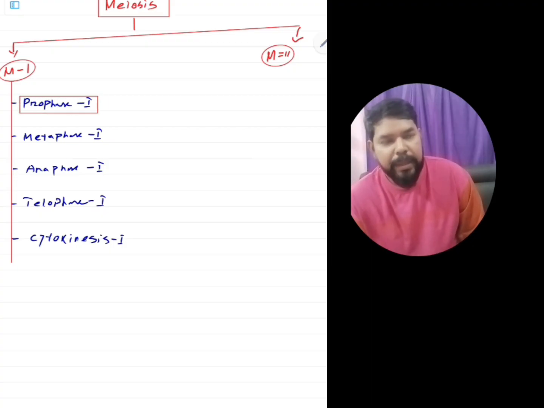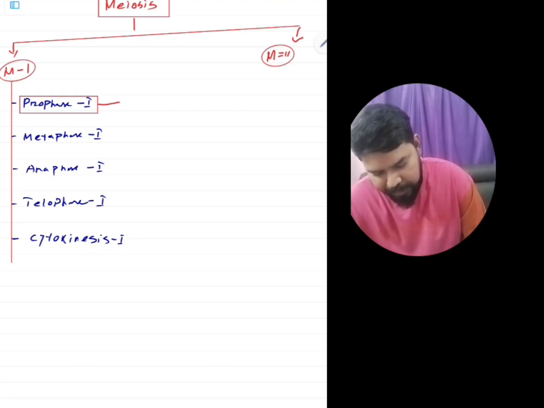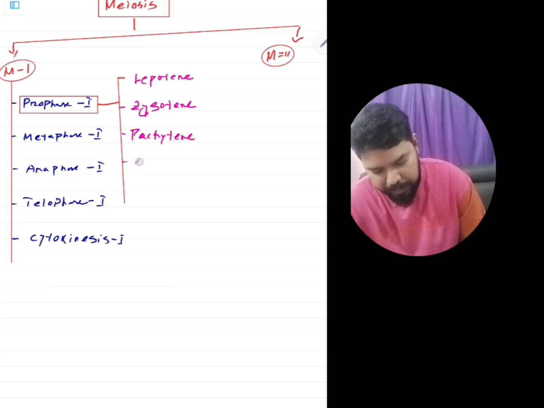Till now what I have shown you, the synaptonemal complex, synapsis, crossing over, these things will be happening in prophase 1. So in prophase 1 you will be seeing other phases. The first phase is leptotene, then zygotene, then pachytene, then diplotene, and then diakinesis.